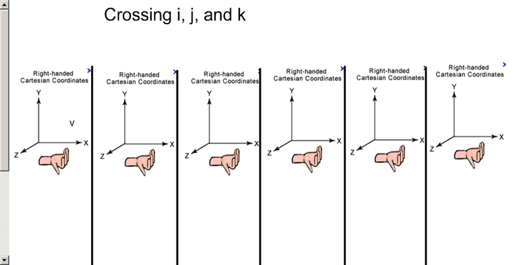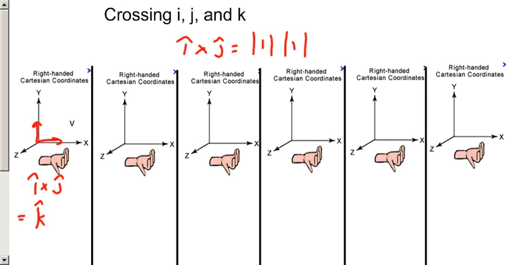So if we have I crossed with J, put your right hand in the I and curl your fingers up towards J, and the resultant vector is K. And that makes sense because the resultant vector needs to be perpendicular to both I and J, and the vector that is perpendicular to I and J is K. And it makes sense that I cross J in terms of magnitude is going to be 1 magnitude of I times 1 magnitude of J times sine of a 90-degree angle between them, which is 1.